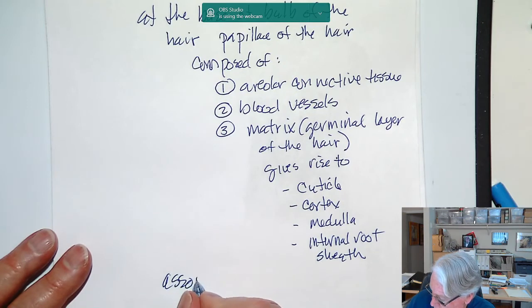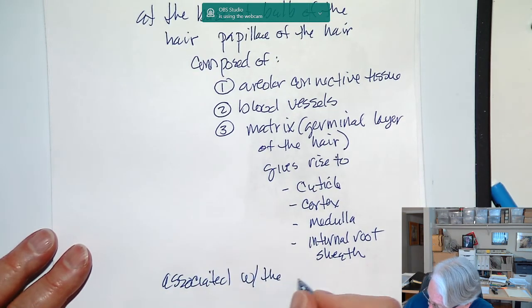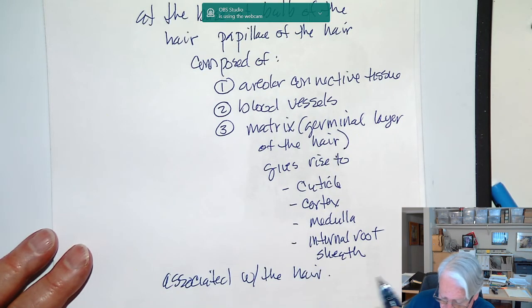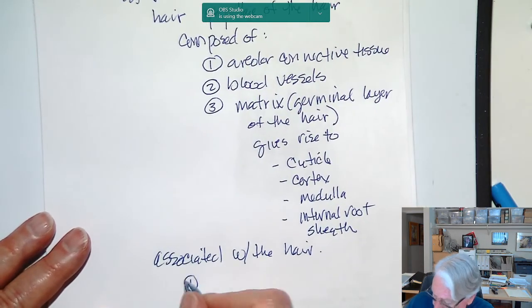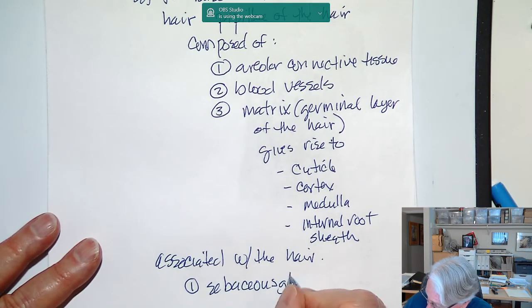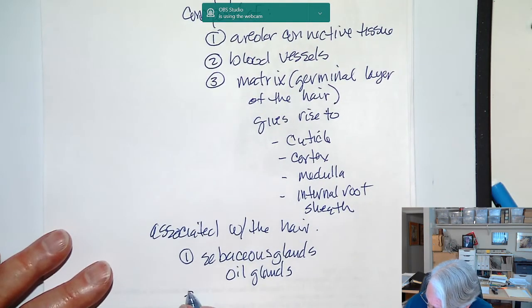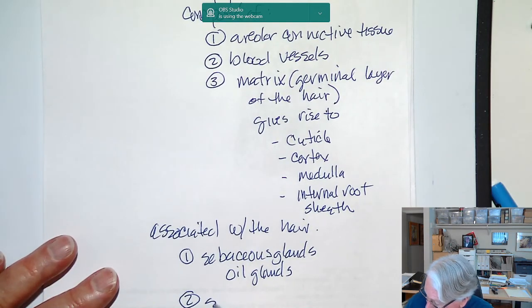Associated with the hair are some structures. Number one, sebaceous glands. And these are oil glands. Okay. Number two, smooth muscle.